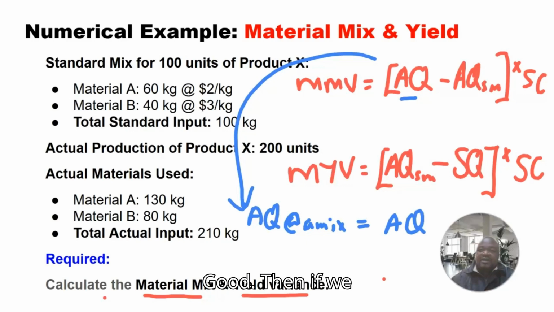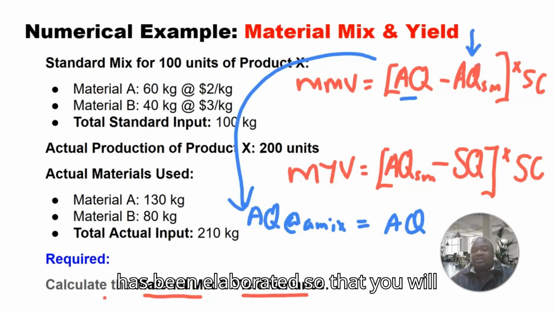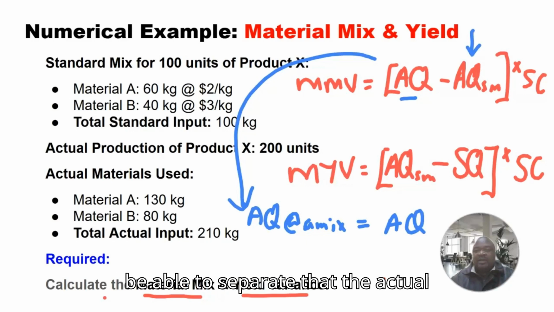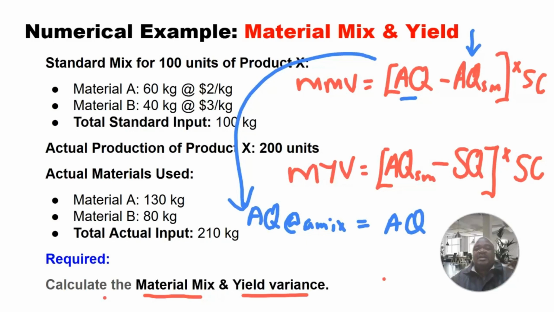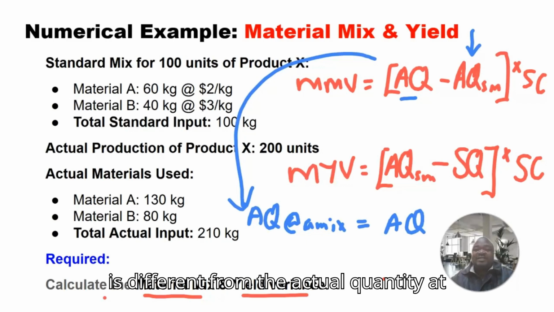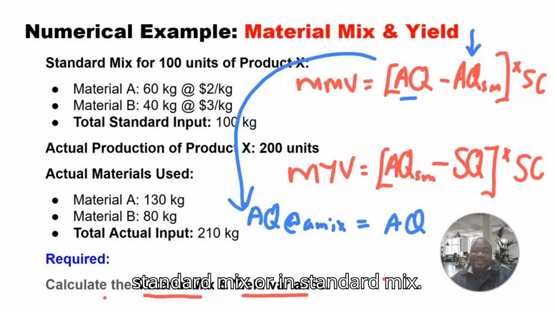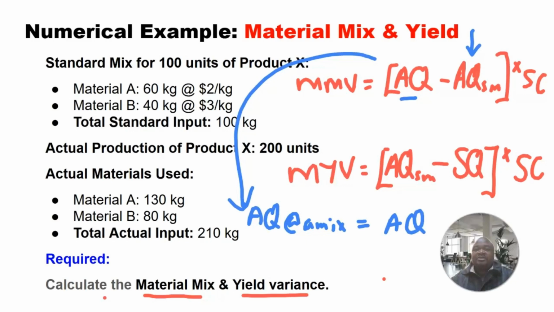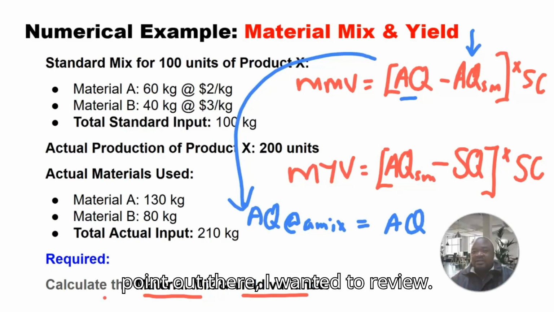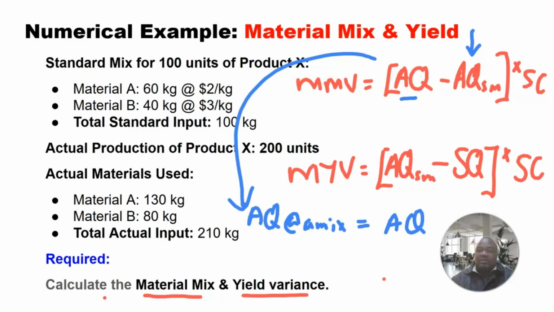Good. Then, this one has been elaborated so that you will be able to separate that the actual quantity at actual mix is different from the actual quantity at standard mix. So that's the point I wanted to review.